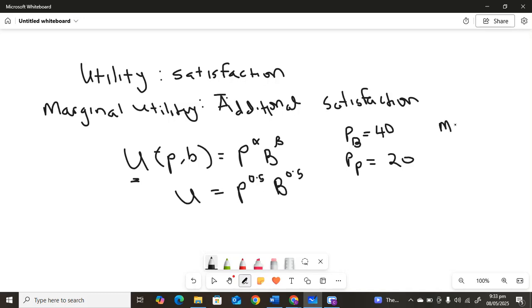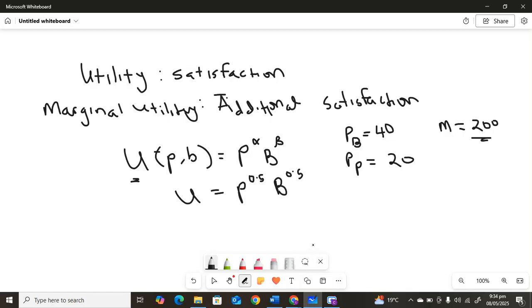Basically, what we're trying to find out is how many units of pork and beef this person can get so that they get the maximum satisfaction with their 200 kwacha.